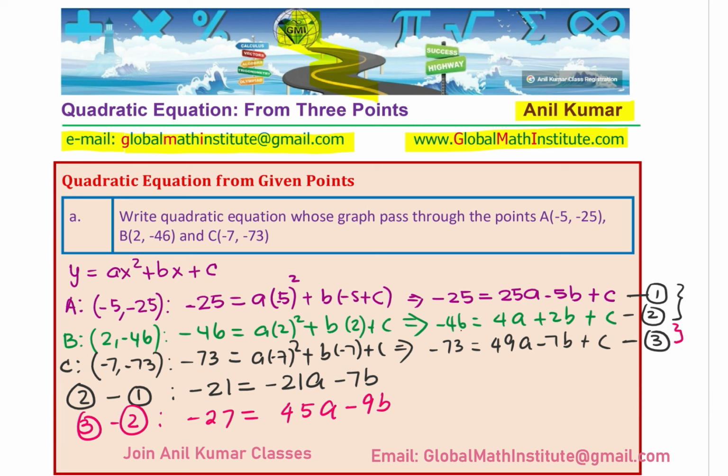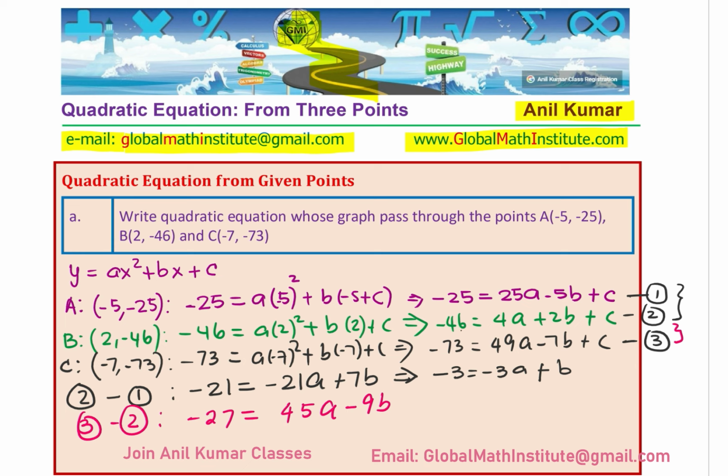Let's simplify these. The first one I can divide by 7, so we get -3 equals -3a plus b. Sorry, this was plus, because 2b minus (-5b) gives me plus.